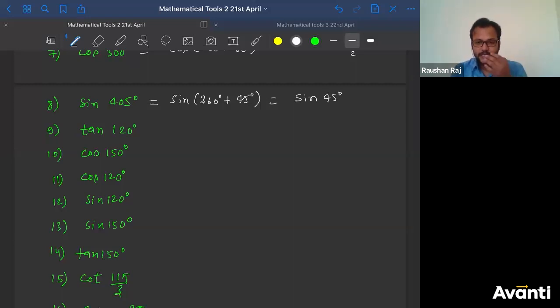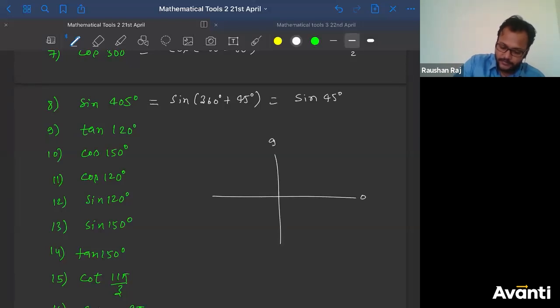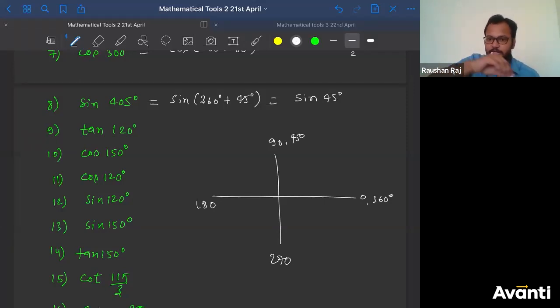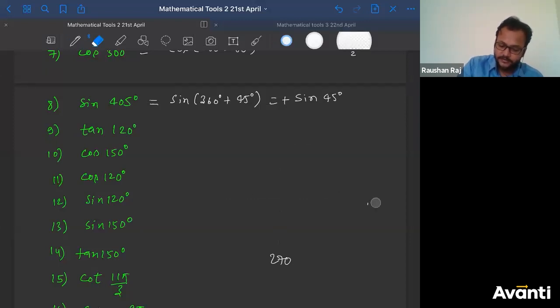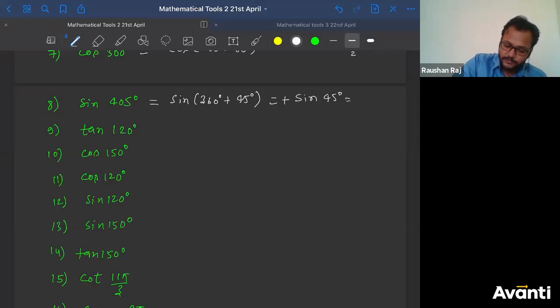Now go to the sign. 360 plus 45: 0, 90, 180, 270, again 360, then 450, if you move like this in the anti-clockwise direction. So 405 is greater than 360, less than 450. That means first quadrant. In the first quadrant, all the trigonometric ratios are positive. So the answer will be plus sine 45. So the correct answer will be plus 1 by root 2.